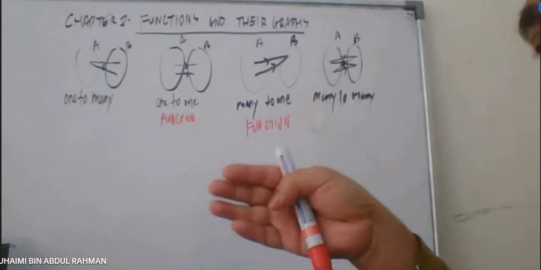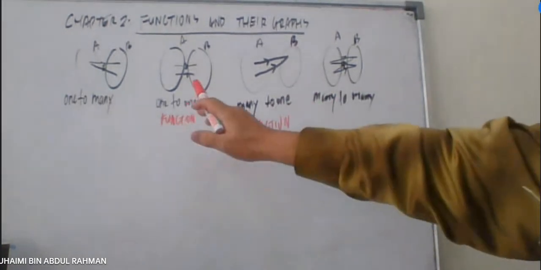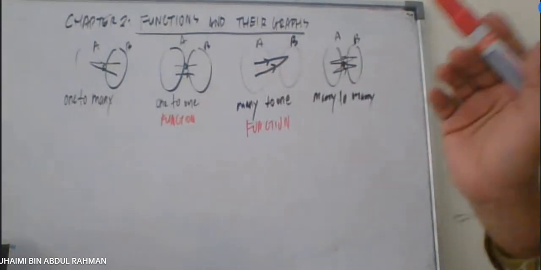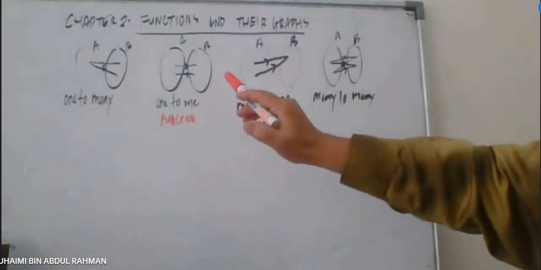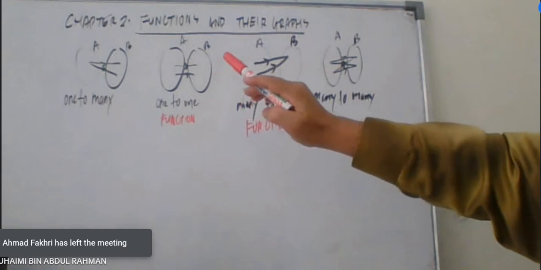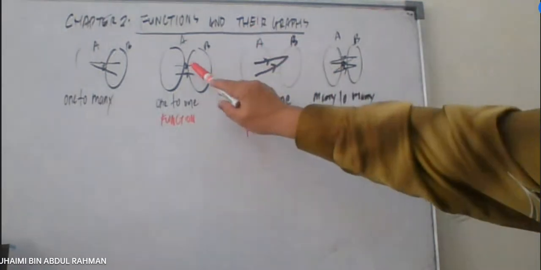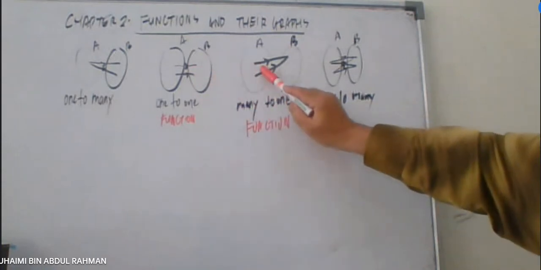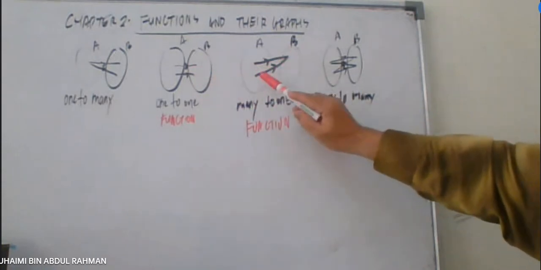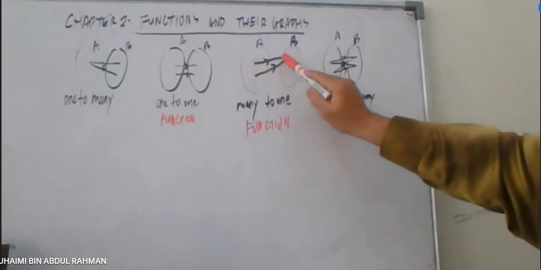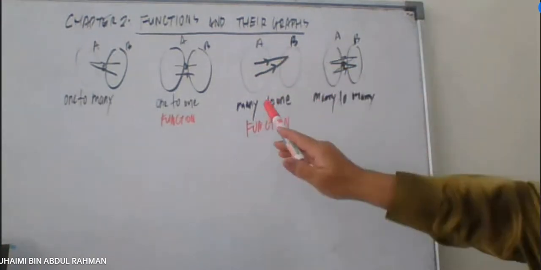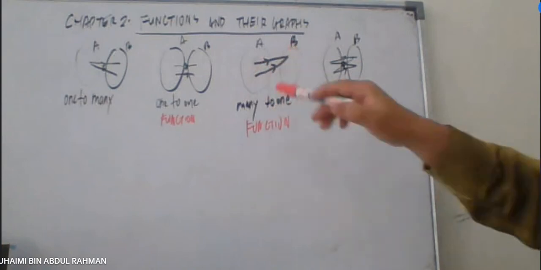According to the definition of function, each element in set A goes to exactly one element in set B. Like this. Even though both of them go to one place, it does not matter as long as each goes to only one.